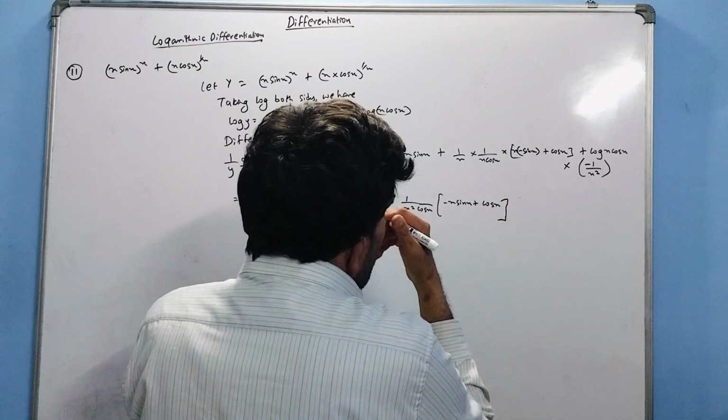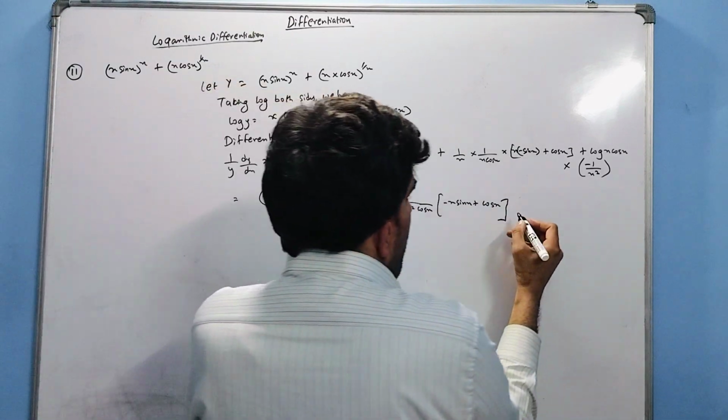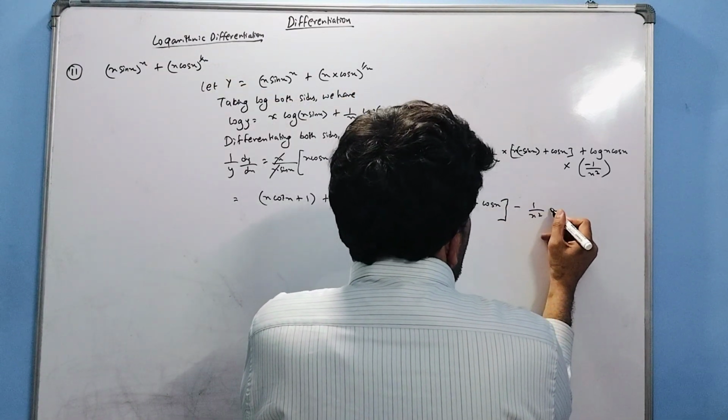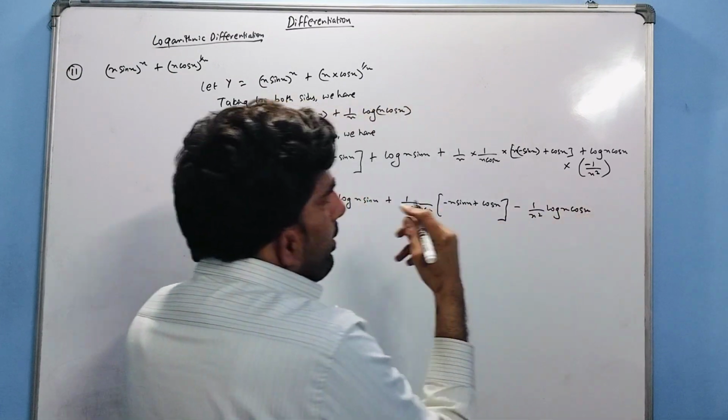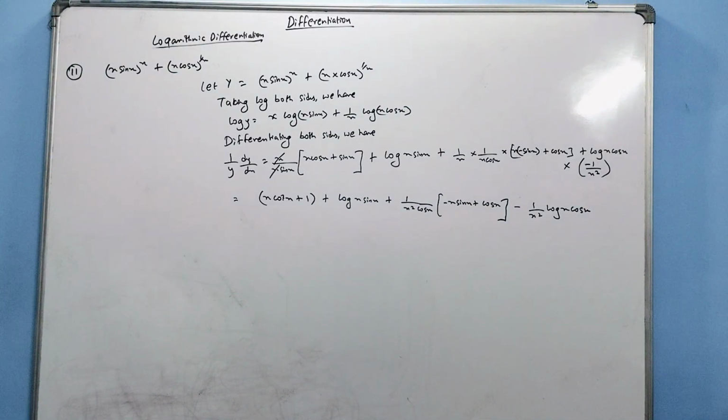Okay, we have this, and we have minus 1 upon x square log x cos x. So what else can we do here?